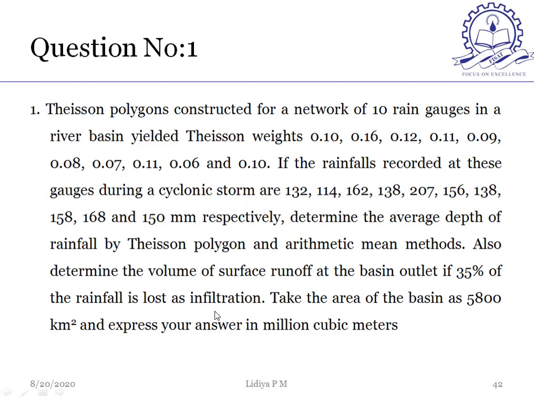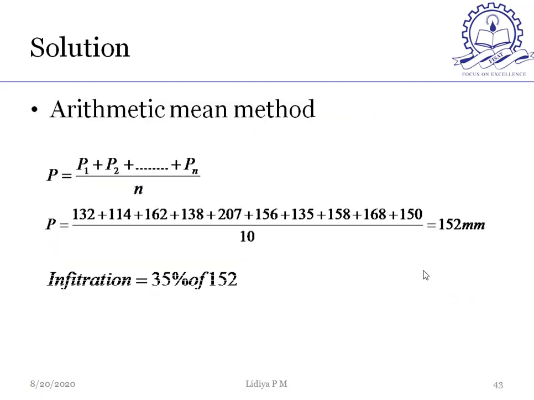Next we have to find the amount of rainfall lost as infiltration, that is 35% of the rainfall. So infiltration is equal to 35% of the average rainfall. We are getting it as 53.2 mm. This is the amount of rainfall which is infiltrated into the ground.